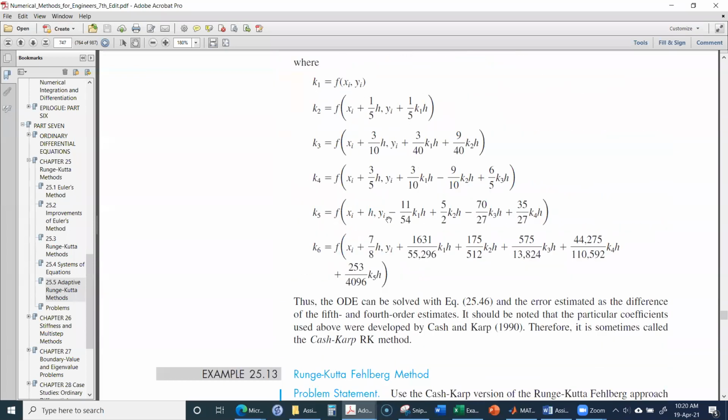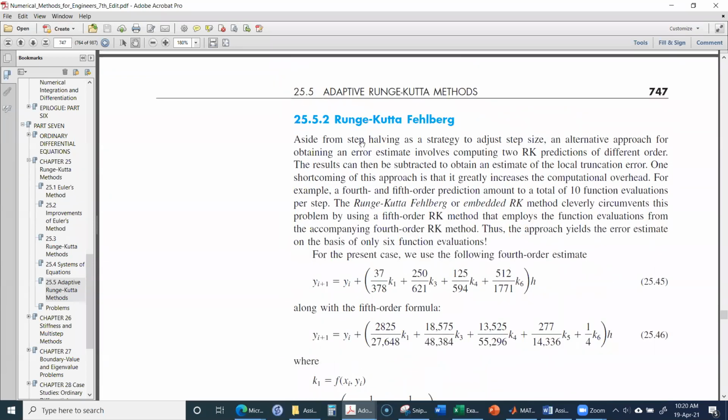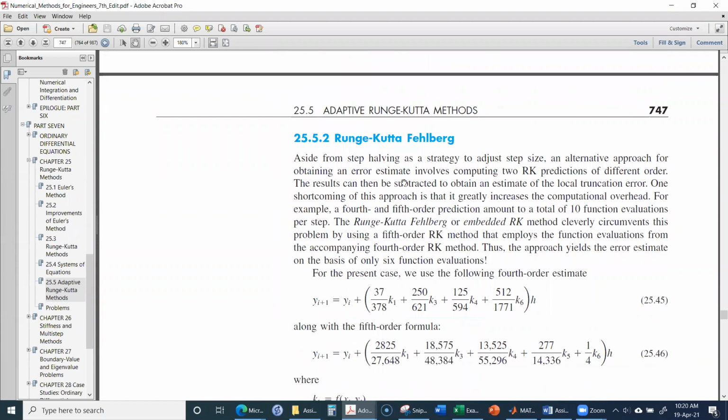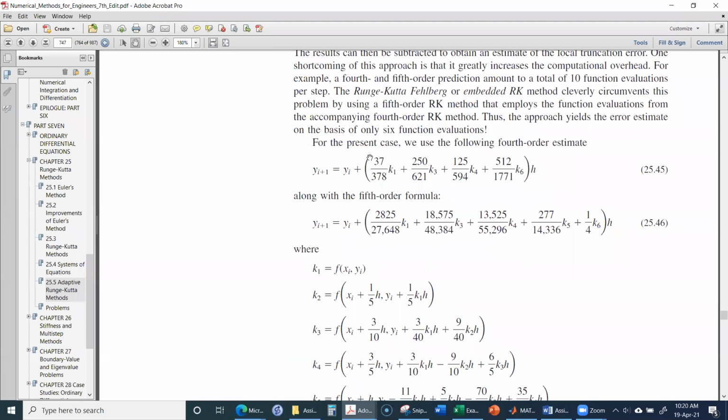One was the adaptive fourth order Runge-Kutta method, where we find the difference between the full interval and the half interval, or the Runge-Kutta-Fehlberg method, where we find the difference between the fourth order and the fifth order estimate.